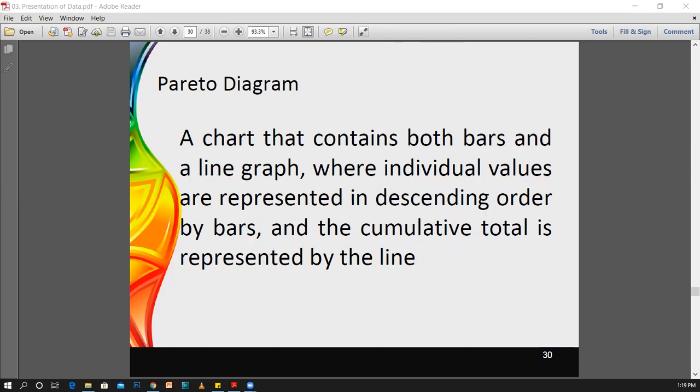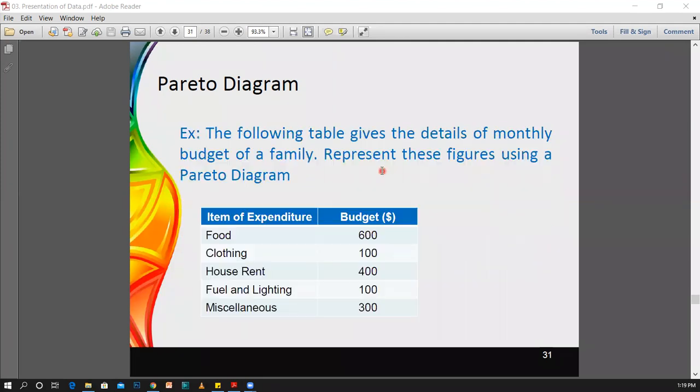If we consider the same example for the Pareto diagram, here you can have food 600, clothing 100, house rent 400, fuel and lighting 100, miscellaneous $300.